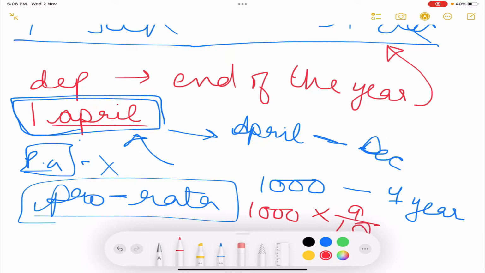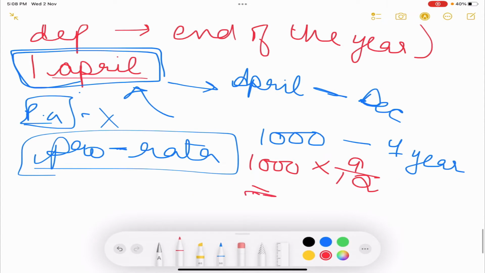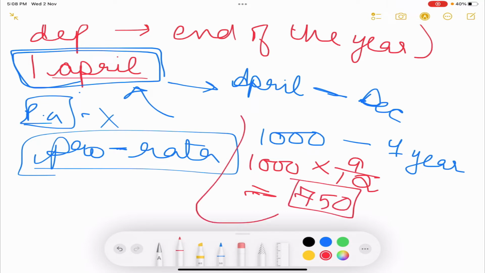This would give me the value for the 9 months. What is that? 750. So now I know that this would be my depreciation value. For as many months as you actually use the asset, for that many months only you will account the depreciation.